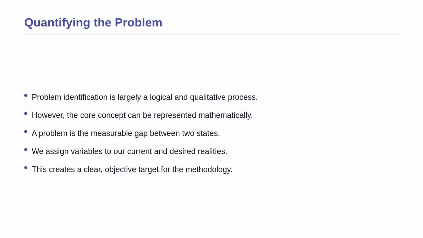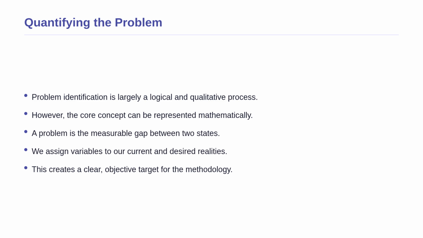Having seen its real-world importance, we can now look at how to measure a problem objectively. While problem identification is largely a logical and qualitative process, we can actually represent the core concept of a problem using a simple mathematical model.